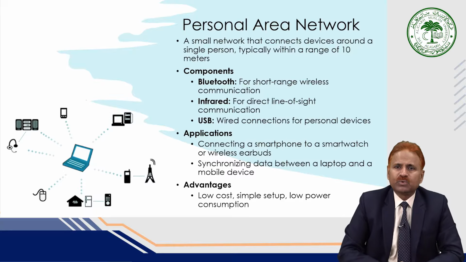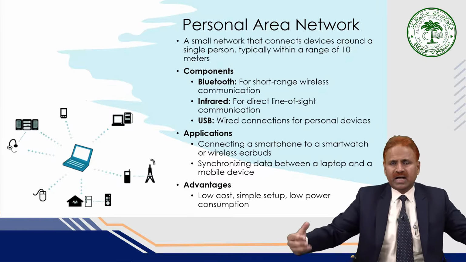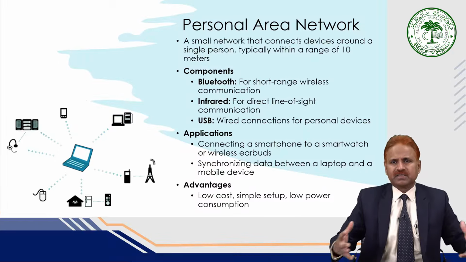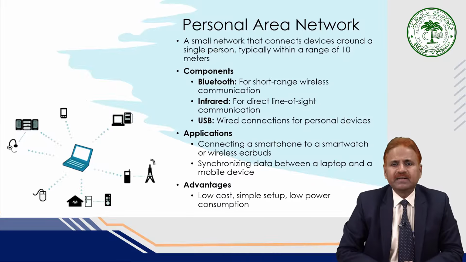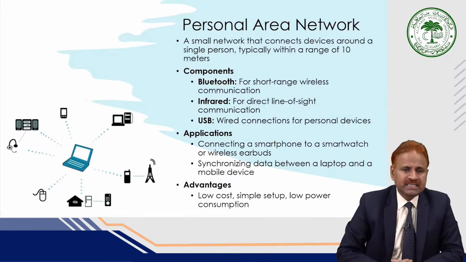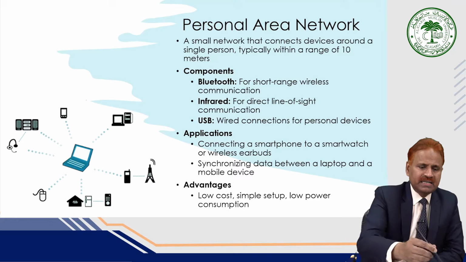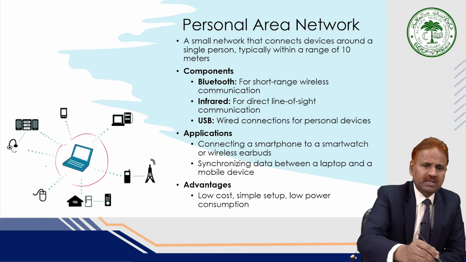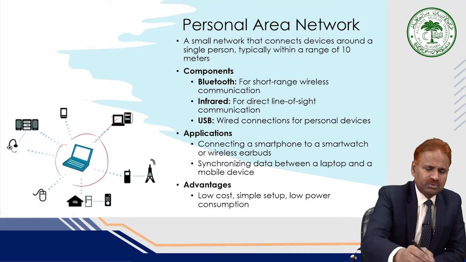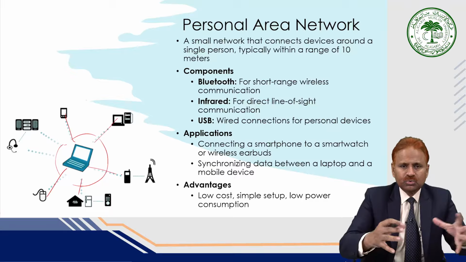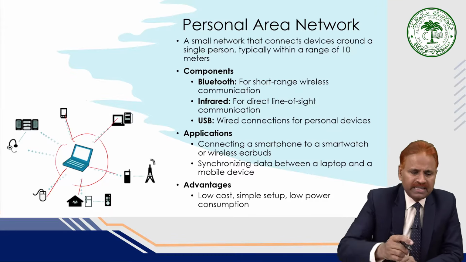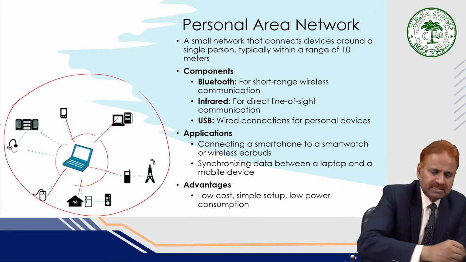It is a small network that connects devices around a single person, typically within a range of 1 to 10 meters. So the maximum span of the personal area network is within 10 meters. In the adjoining figure, you can see that we have a computer connected to your monitor, mobile phone, keyboard, mouse, and other devices through Bluetooth technology, and they form the personal area network.